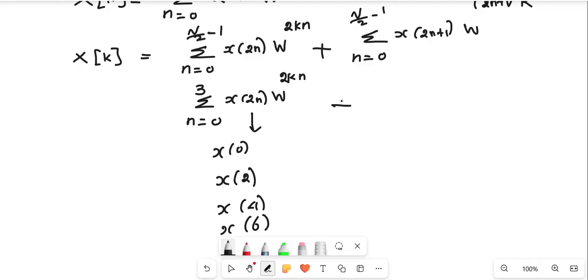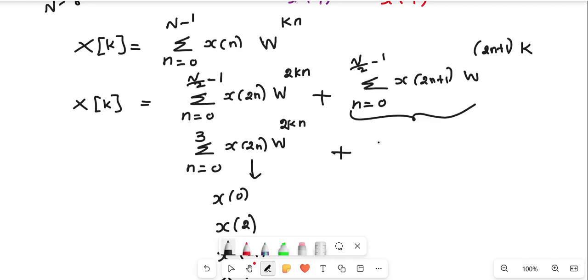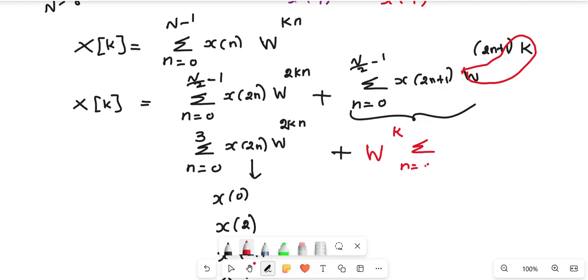Now we can split the second part: W power k can be taken out, then the summation of n equal to 0 to N by 2 minus 1 of x of 2n plus 1 into W power 2kn.